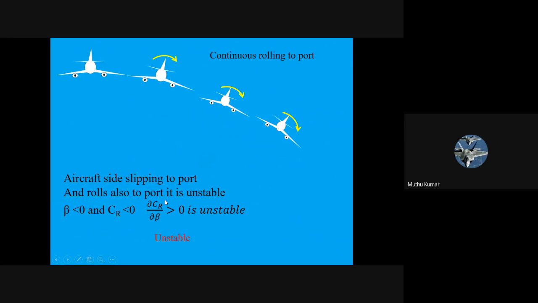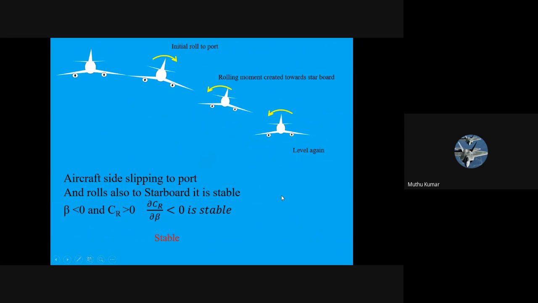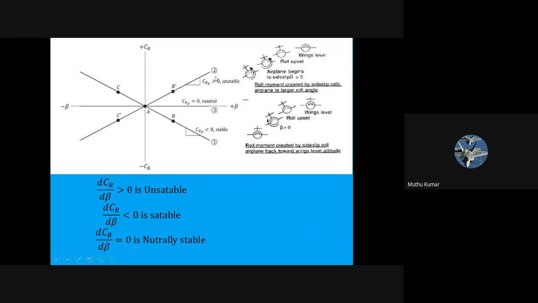So this ratio, dC_R by d beta greater than 0, is unstable. If the aircraft moves back, less than 0 will be stable. So in this graph, these are the 3 conditions for lateral stability, just as I gave 3 conditions for longitudinal and 3 conditions for directional. This is the 3 conditions for lateral stability.